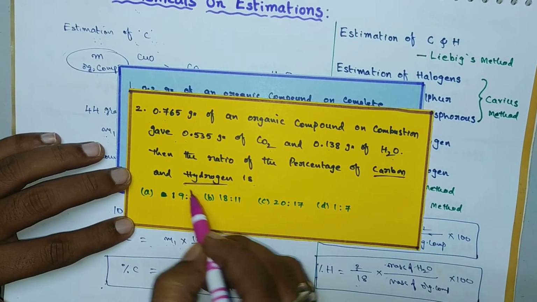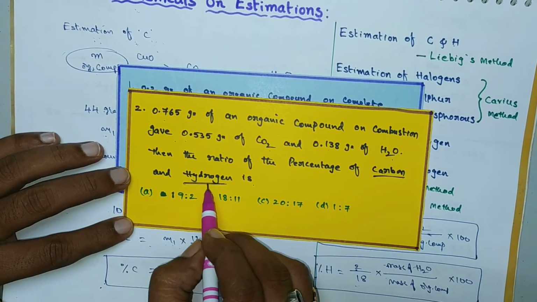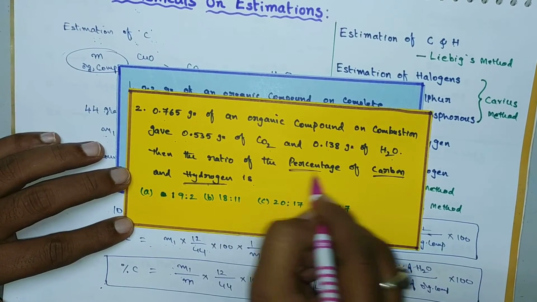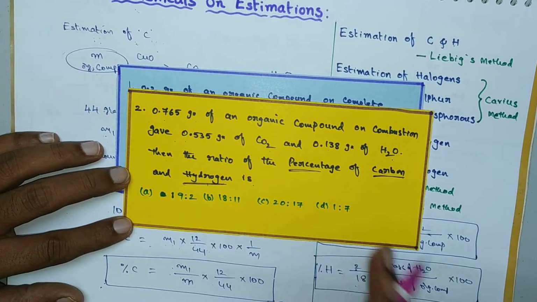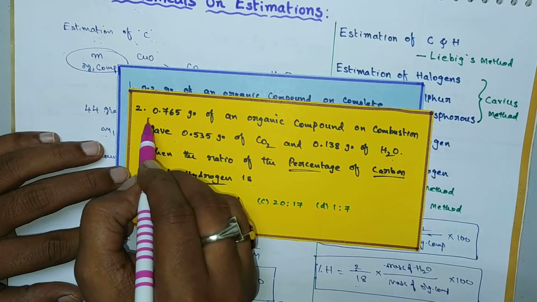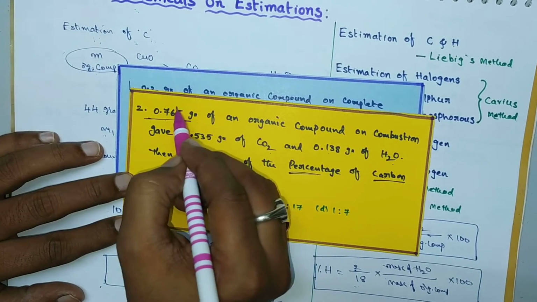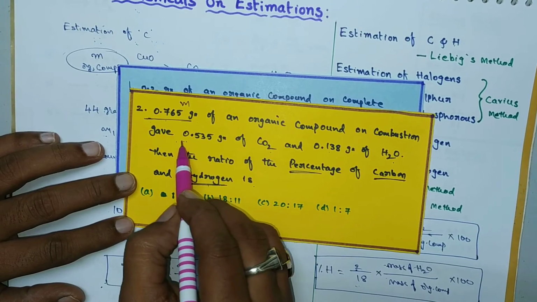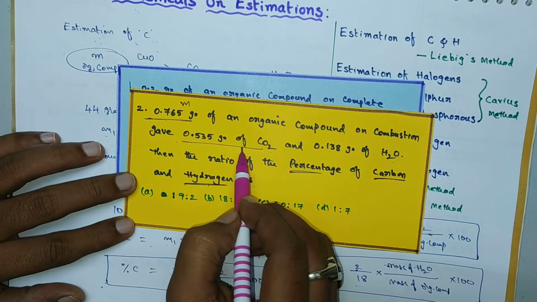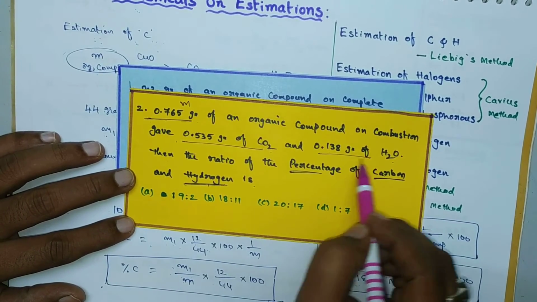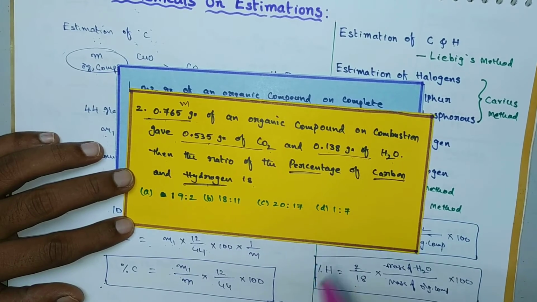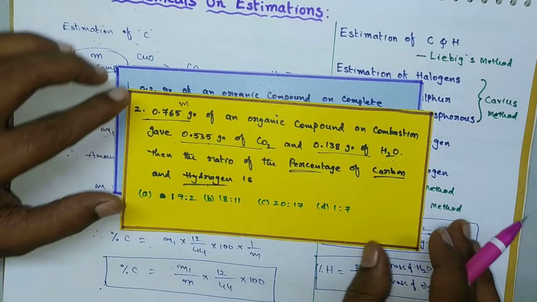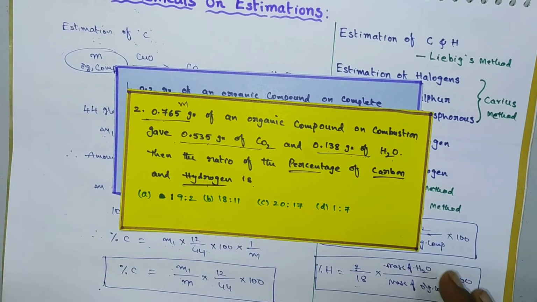The weight of the organic compound is this much, which is m. The weight of carbon dioxide is m1 in the first case, and the weight of water is m1 in the second case. Now we have to calculate the ratio of these two. So let us have a look.